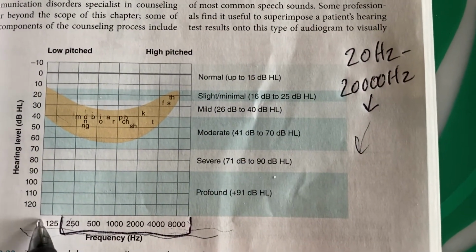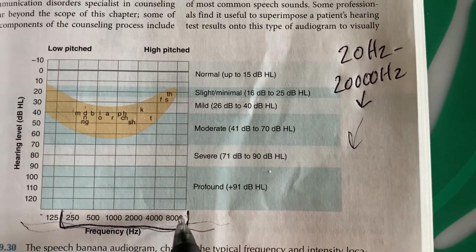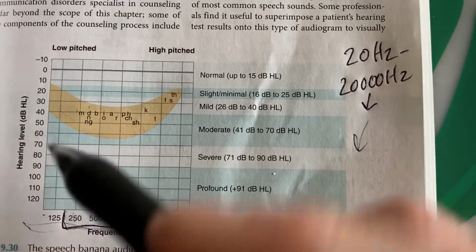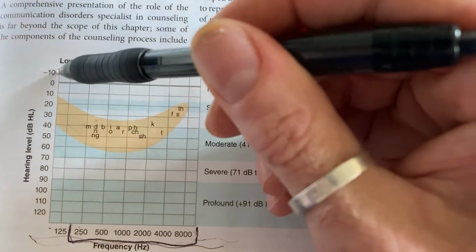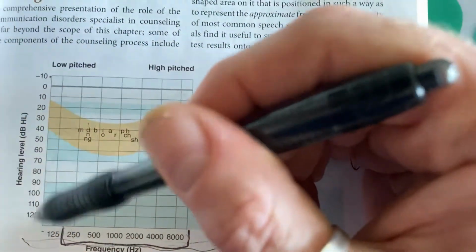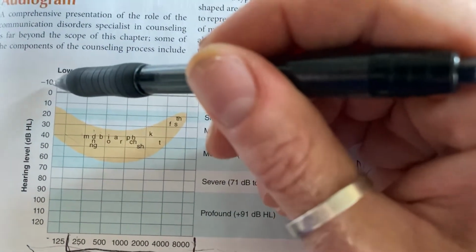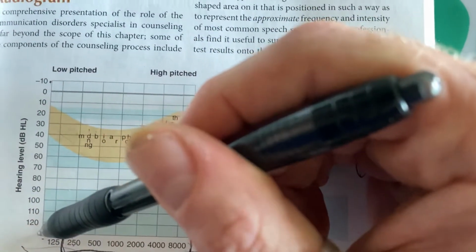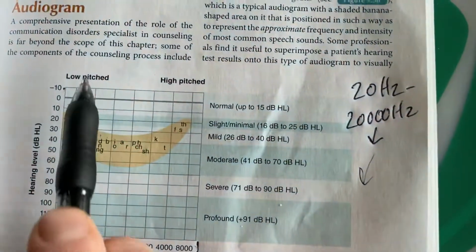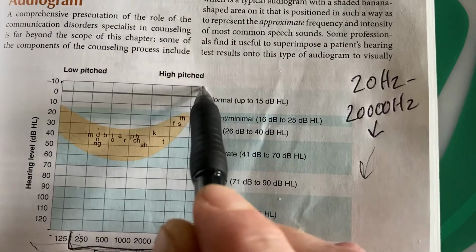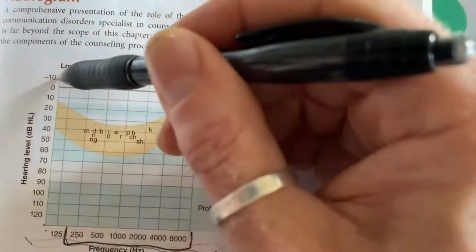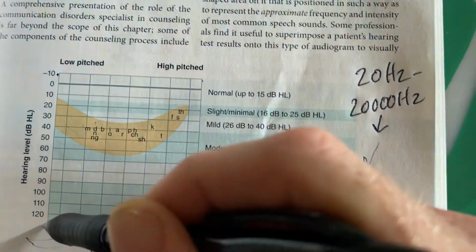Frequency measured on the x-axis, measured in hertz. Intensity on the y-axis, measured in decibels, going from soft to loud sounds. Low-pitched sounds, high-pitched sounds, soft sounds, loud sounds.